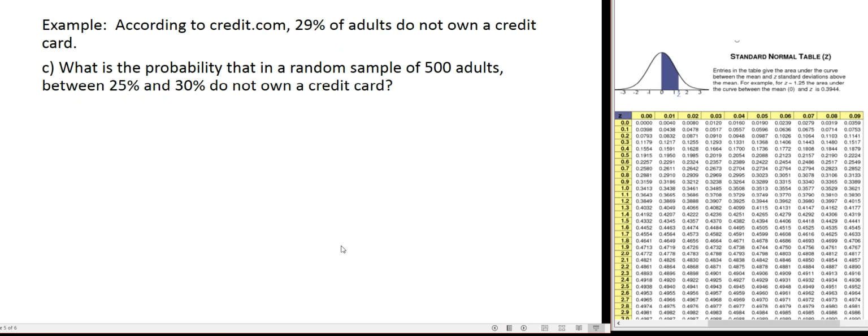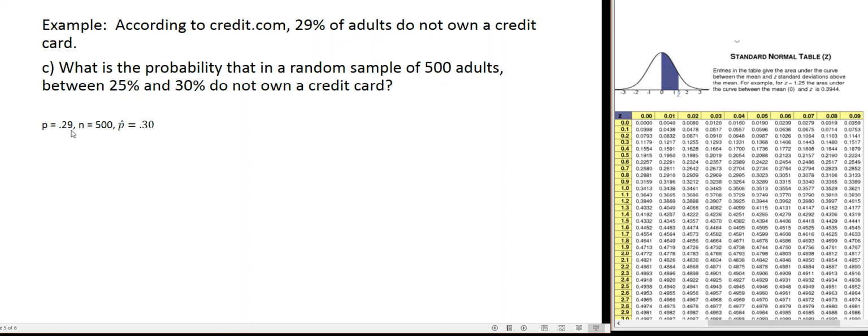Okay, part C, we still have our 29% of adults who do not own a credit card. This time they're asking, what is the probability that in a random sample of 500 adults, between 25% and 30% do not own a credit card? Just like before, we are going to state what we already know.